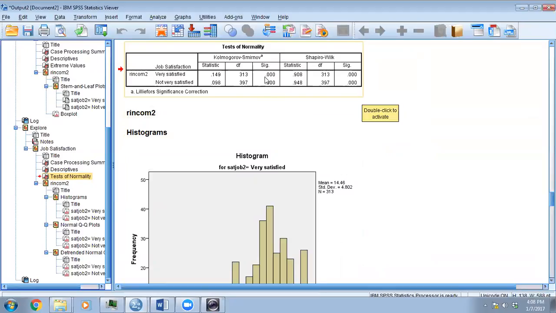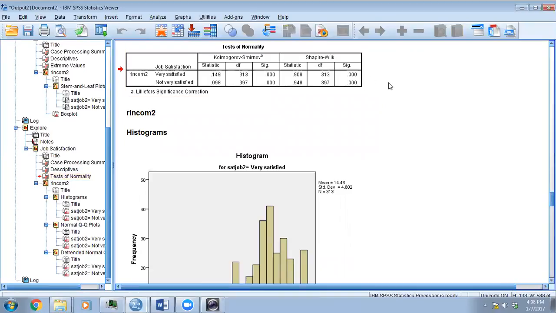So we are rejecting the null hypothesis, which says the data is normal. The alternate hypothesis is the data is not normal. Since this is significant, we are rejecting the null hypothesis and accepting the alternate, and hence the data is not normal. So that is another reason we transform that variable.